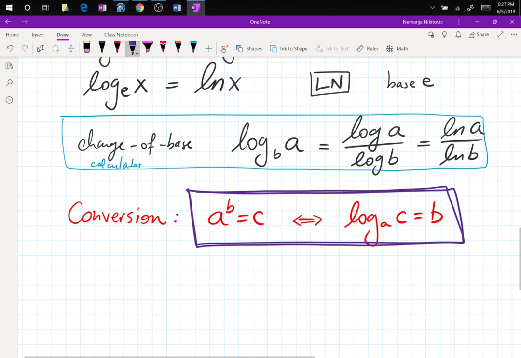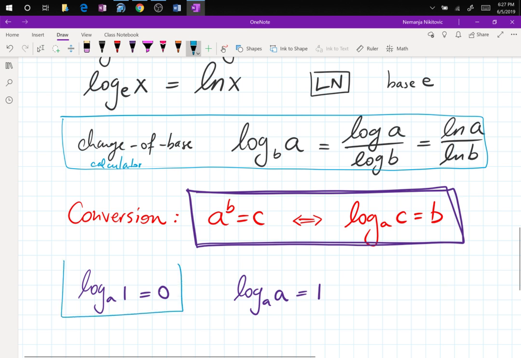And there are two what I call cute formulas. One of them says that log of 1 in any base is equal to 0, and log a of a is equal to 1. These come from a to the first power equals a, and a to the 0 power equals 1.